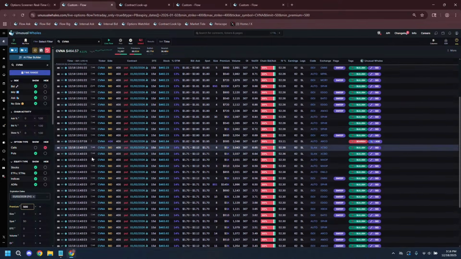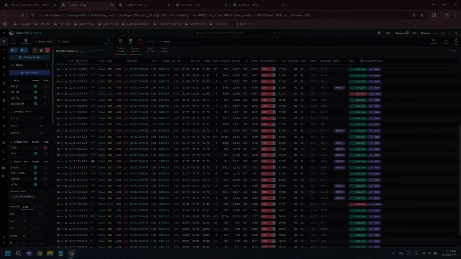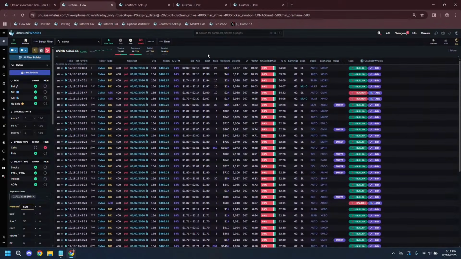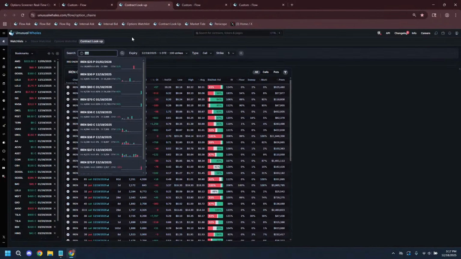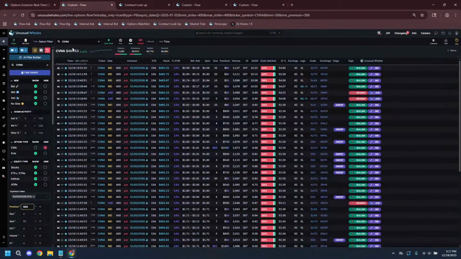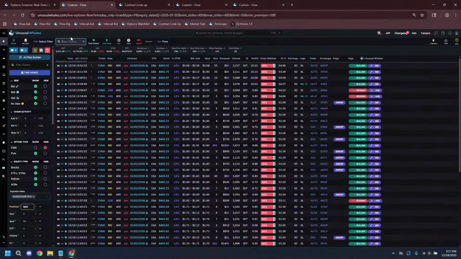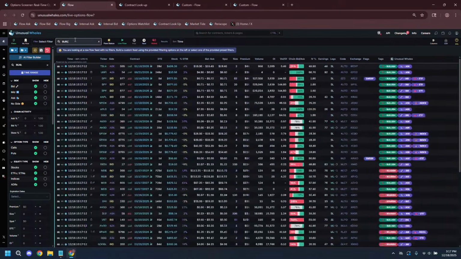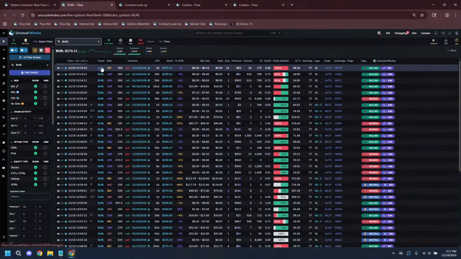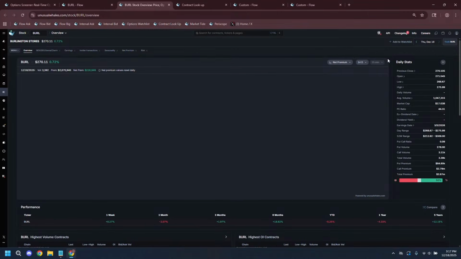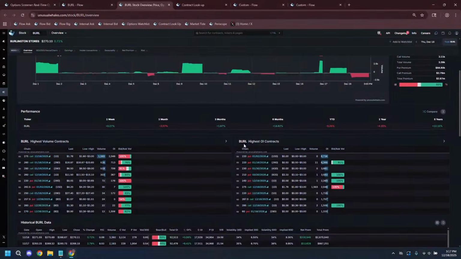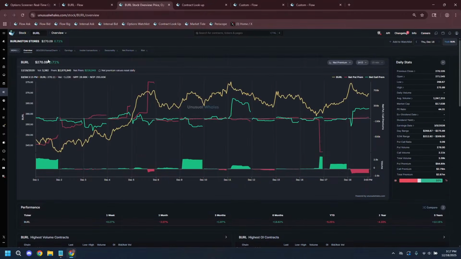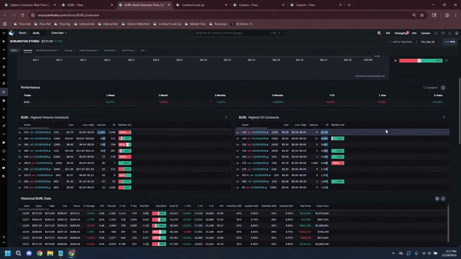One of them potentially being our friend Burlington, if you're familiar with Burlington Coat Factory. An interesting ticker in which predominantly all open interest on the puts belongs to short puts. If we look at the Burlington highest open interest contracts, the stock is trading at 270.